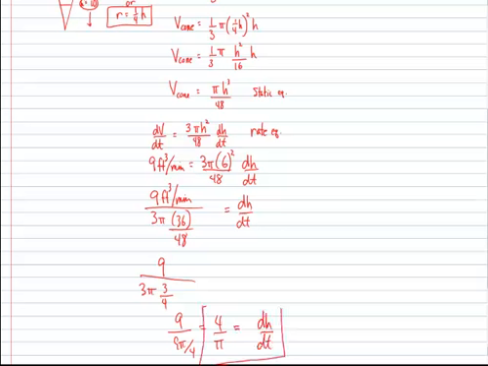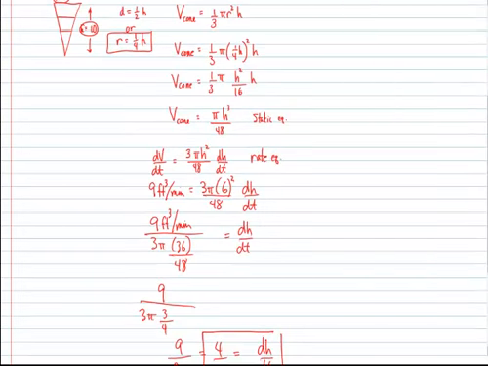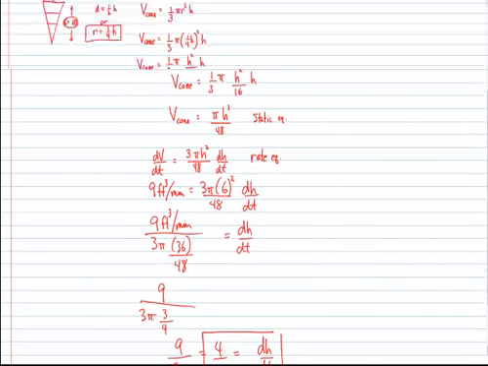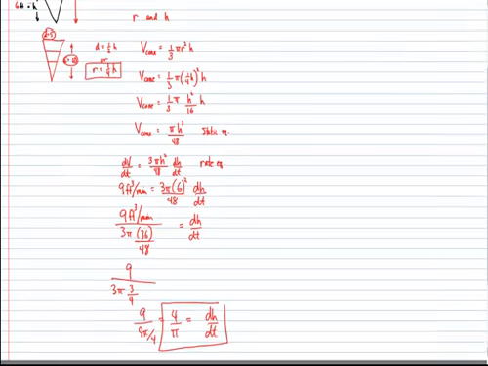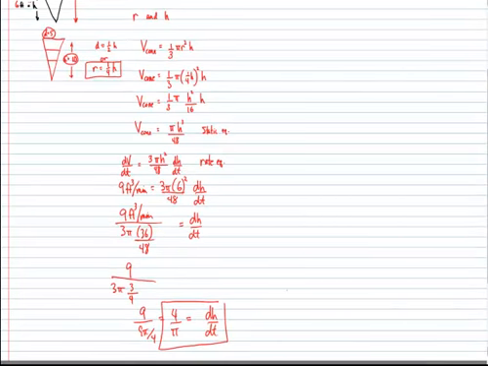Now the units of dh/dt: our volume was in feet cubed per minute, so our dh/dt units are going to be in feet per minute.